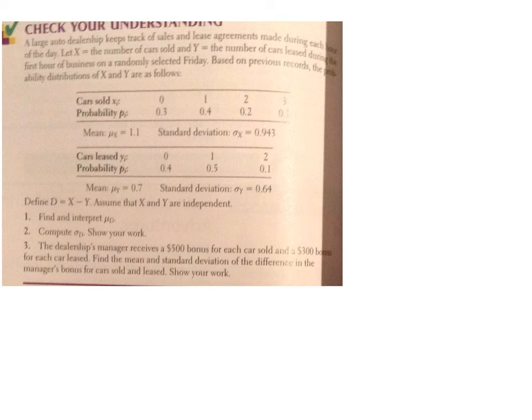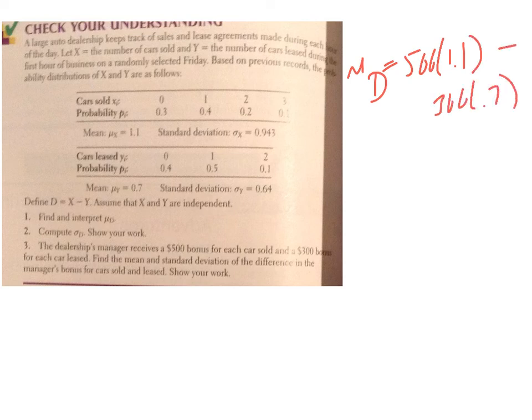My mean difference is going to be 500 times 1.1, because that's the bonus and his average number of cars sold, minus 300 times 0.7, because that's the bonus for a lease and the average number of cars leased, which gives me $340. So he gets an average bonus of $340 during the first hour of business on many Fridays, over the course of many Fridays.